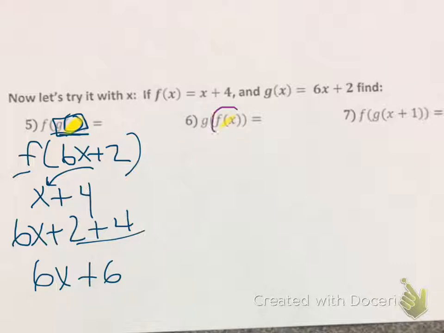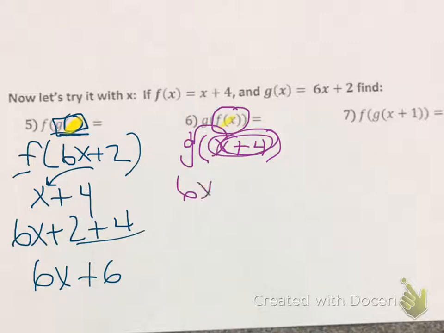So let's try this one and see what happens. This one says take the f of x function and put it inside those parentheses. The f of x function is x plus 4. And then this tells me to take the x plus 4 and substitute it into the g function. Well, the g function is 6x plus 2, and I'm going to put that x plus 4 right next to the 6.